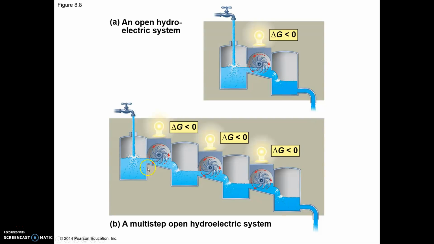Here, what we've done is put several of these in a row, and here we can keep utilizing energy as the water flows down, right? This is what our body does. Instead of doing a reaction in one fell swoop, we do it in small little steps.